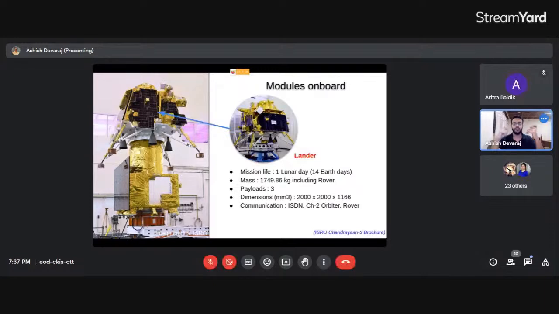We had big antennas here in Bangalore and various locations on Earth, so that we had direct communication with the lander. So the lander had all the communication also.